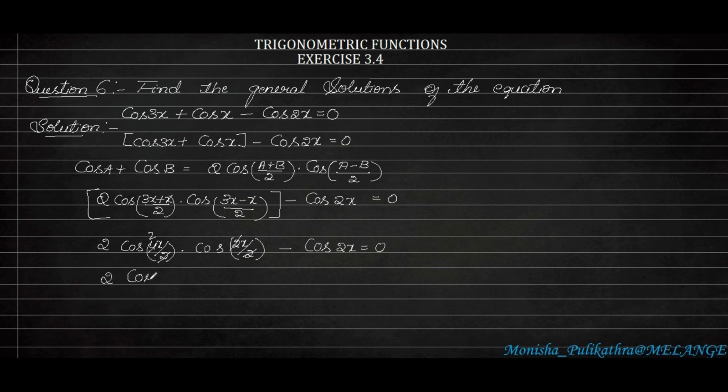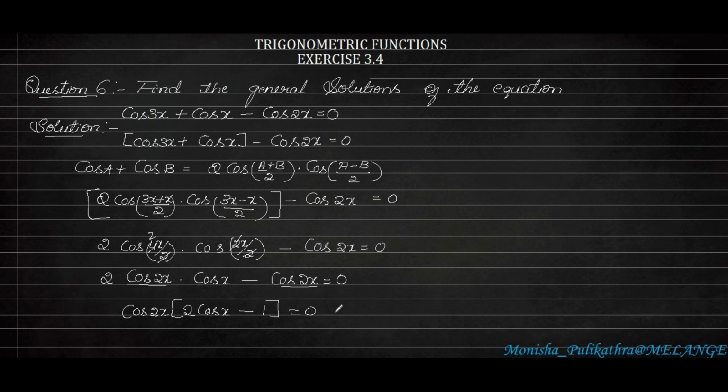So we get 2 cos 2x into cos x minus cos 2x is equal to 0. Now we can see that cos 2x is common in both the terms, so we can take cos 2x common. When I take cos 2x common, the remaining will be 2 cos x minus 1.